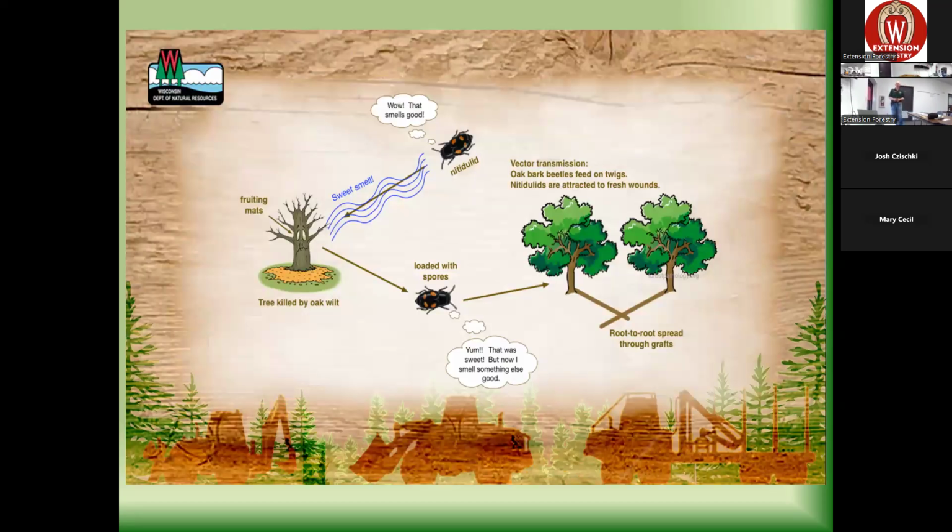So this is the life cycle of the oak wilt. We've got an oak over there that was killed by oak wilt the previous year. So this tree was alive the previous June. It died and it stood there over winter. And then what happened is the following spring, a spore pad is going to form under the bark of that tree.